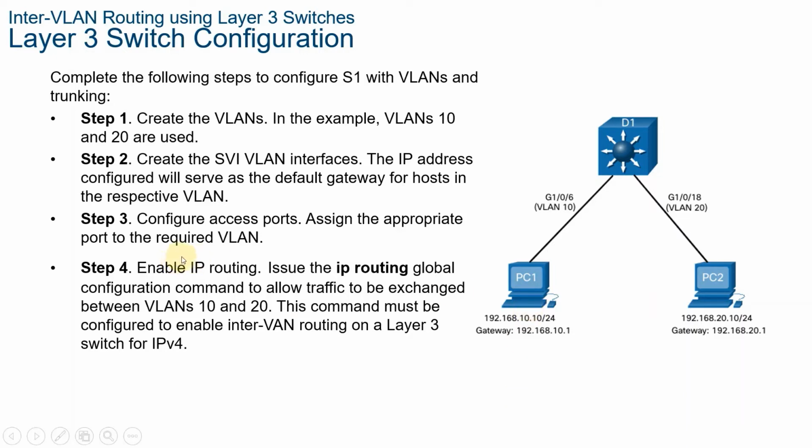Third, configure access ports using the appropriate port to the required VLAN. And step 4, enable IP routing. So how? We issue the IP routing global configuration command to allow traffic to be exchanged between VLAN 10 and VLAN 20. So this command must be configured to enable inter-VLAN routing on a layer 3 switch for IPv4.